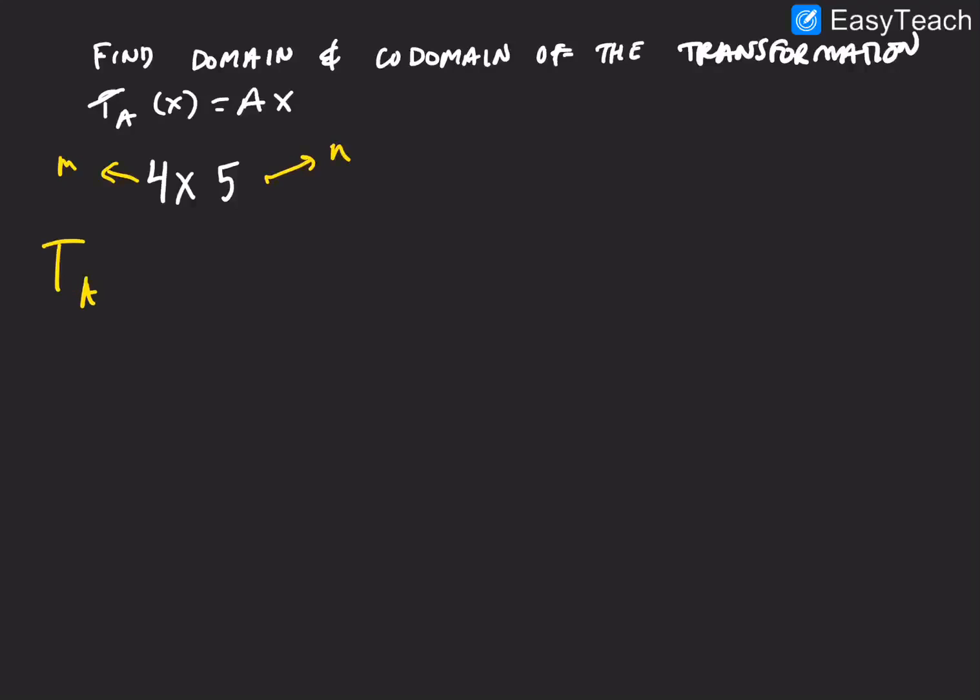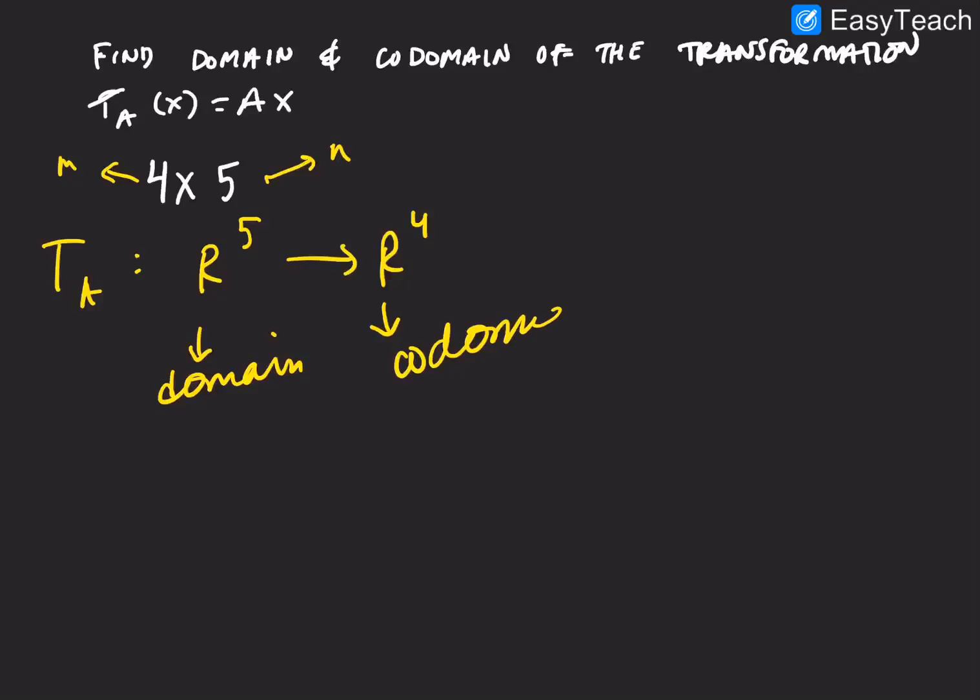So the T sub A will be R5 to R4, where R5 is the domain and R4 is the codomain. Perfect. Now only the column vectors get to be changed or mapped.